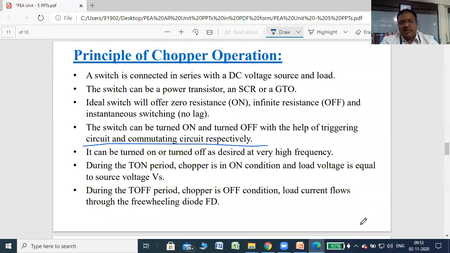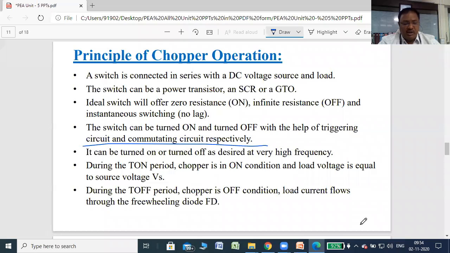And commutation circuitry is one of the difficult and complicated tasks, because to turn off the SCR, we have to reduce the anode current below the holding current. Otherwise, the SCR remains on. This is a difficult technique, but it is a required part of the chopper circuit.